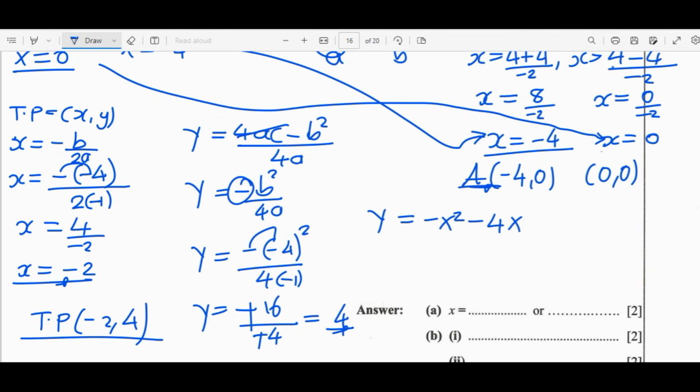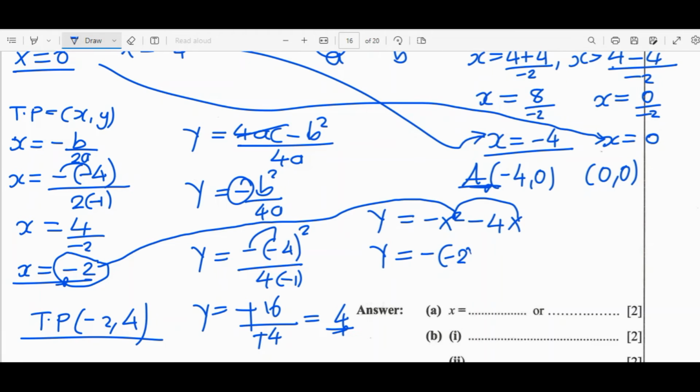To use this equation to find the value of y, you need to have the value of x. So this -2, I'm going to substitute where there is x. So we have negative, here I'm going to have -2 squared minus 4, times -2.